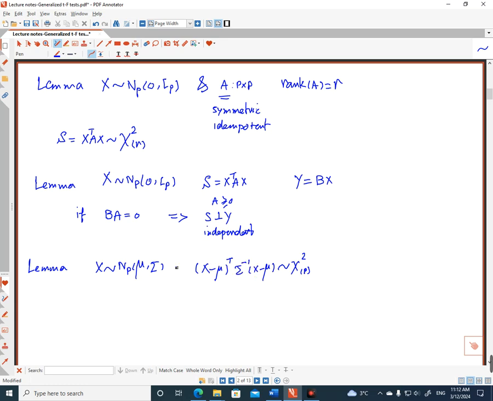Note here that if the covariance matrix is sigma, then you have sigma inverse here.